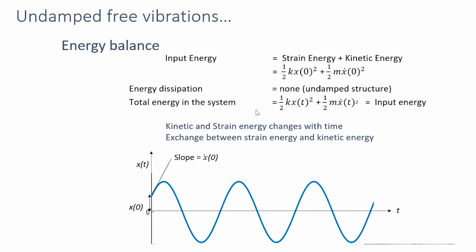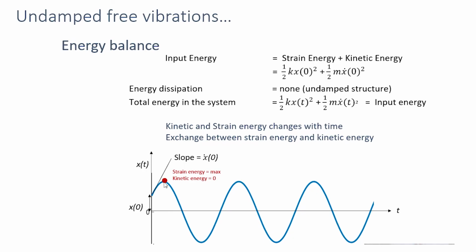So the initial input energy is equal to this much, that also we have seen. Now when the displacement of this system is maximum, that means the strain energy is maximum, because x naught, the displacement, is maximum at this position.